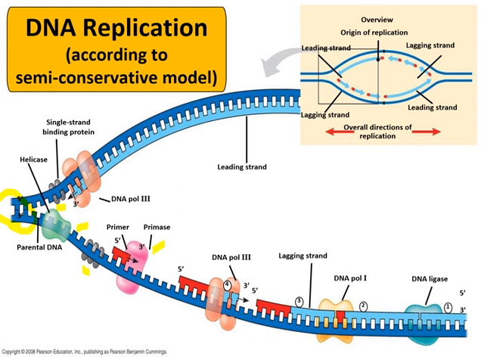Then we have DNA polymerase, which is DNA polymerase 3 and DNA polymerase 1, and the last one is DNA ligase. So that's all for the enzymes and protein involved in DNA replication.